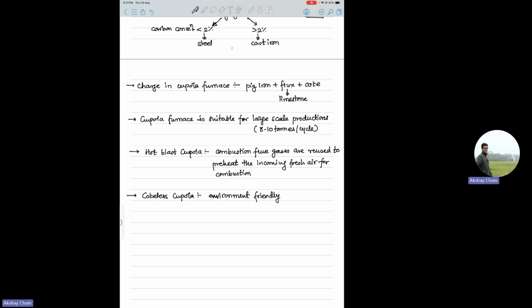Basically it looks the same. If you just Google the term cokeless cupola, you'll see that from outside it looks like a normal cupola, but inside, instead of coke, you'll have refractory or high temperature withstanding ceramic balls or something like that.